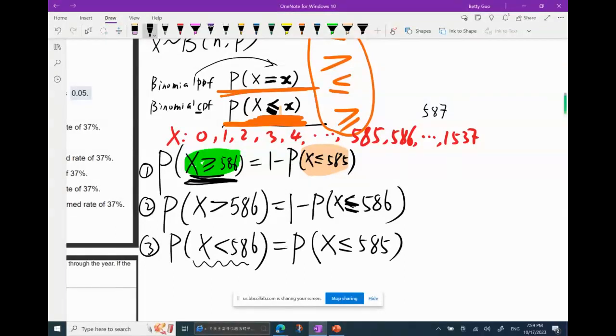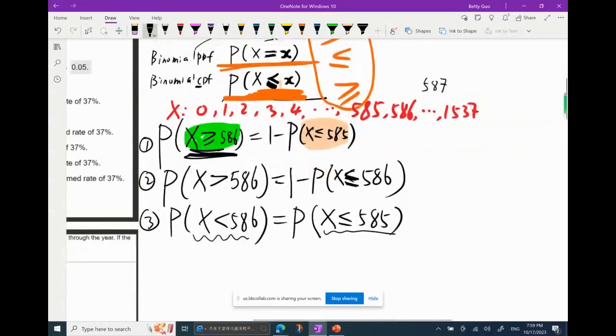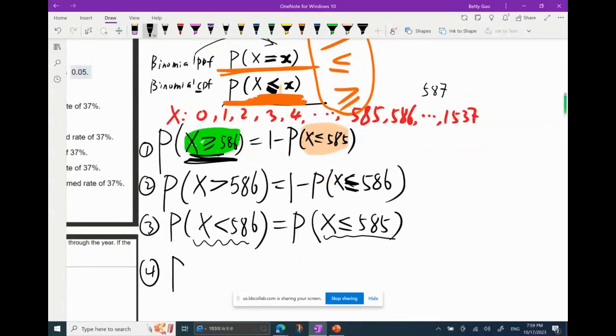It does not include 586. And what if the probability we're looking for is less than or equal to 586? Then we use the function directly, right? You see the 4 cases?